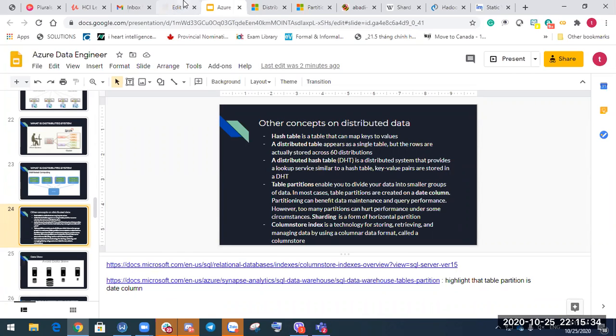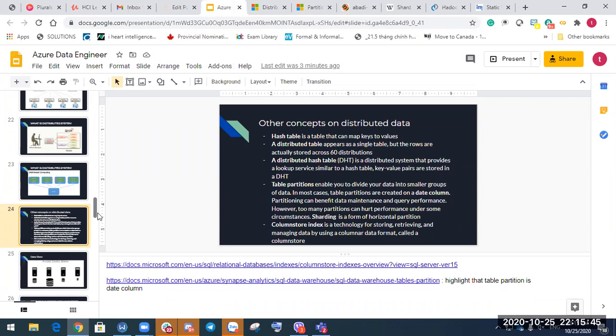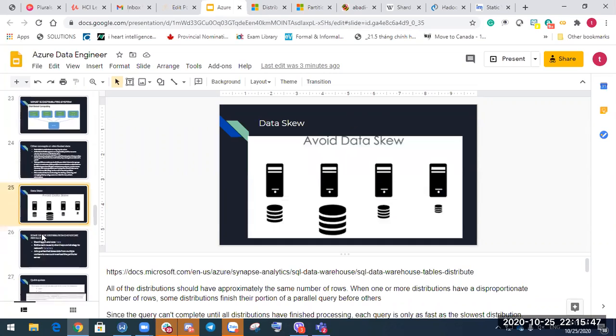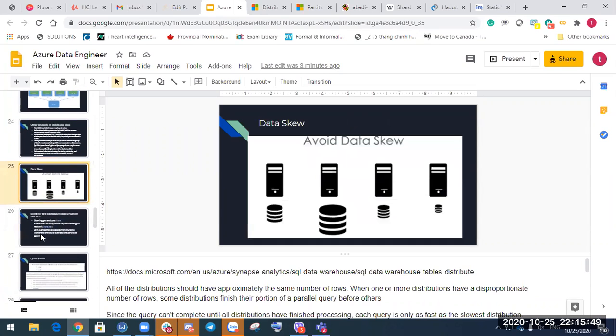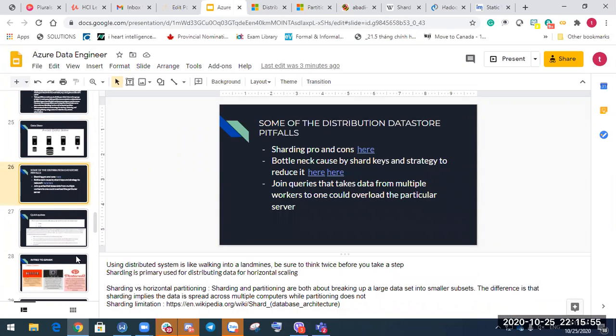As I showed you in the earlier session, this is actually one of the sections in the DP-200. This is what I copied out of Microsoft Learn on this section. Data skew is also a very common issue, and a common vocabulary we need to learn. And data sharding, with some pitfalls; you can read the footnote here.